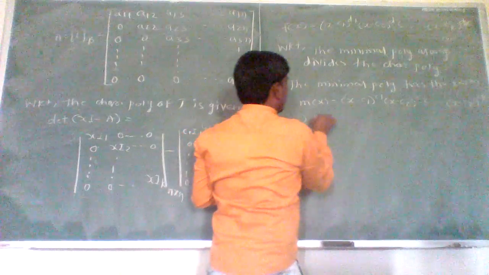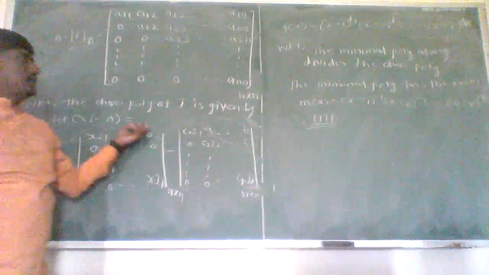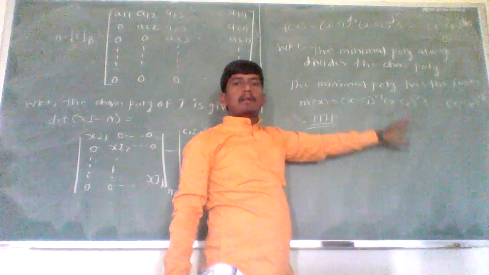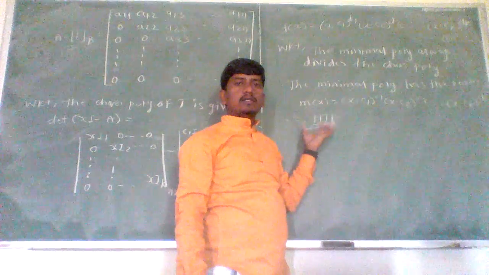Okay, so here is the proof. So we have proved that if T is a triangulable operator, then the minimal polynomial for T is a product of linear factors, that is linear polynomials, and hence the required result.